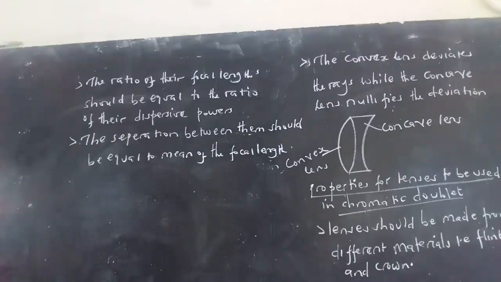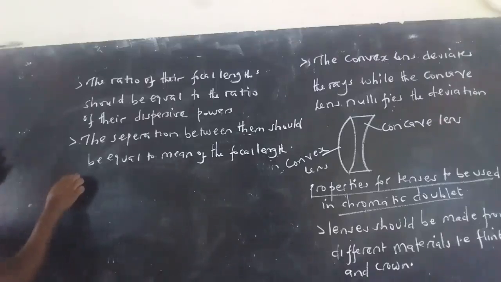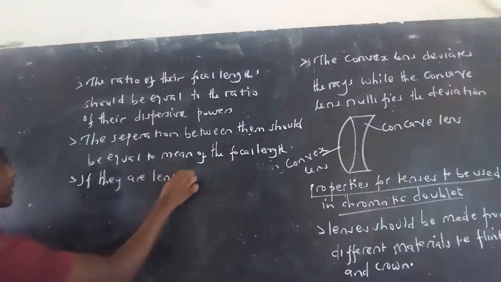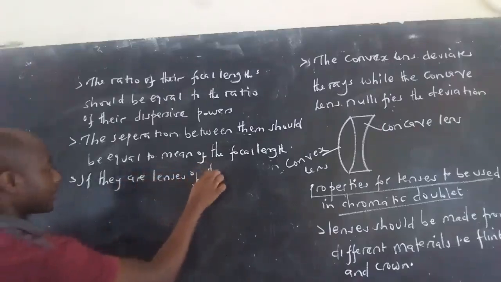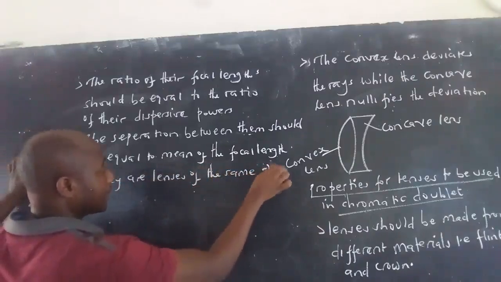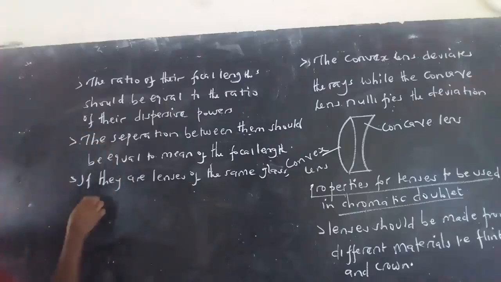Then we say if lenses of the same glass, if they are lenses of the same glass, then they should not be in contact.